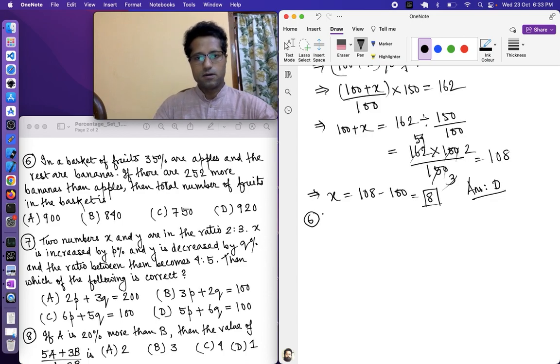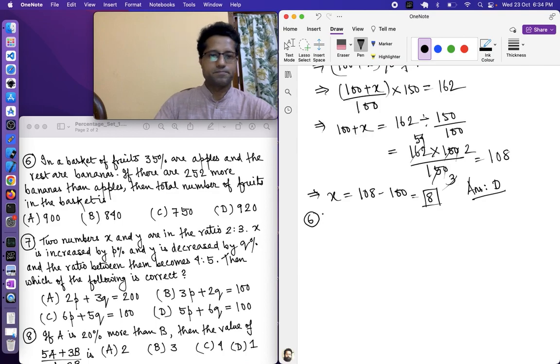In a basket there are some fruits, and the percentage of apples is 35%, and the rest are bananas, meaning 65% are bananas. It is also given that the number of bananas is 250 more than apples, and it is asking to find the total number of fruits in the basket.